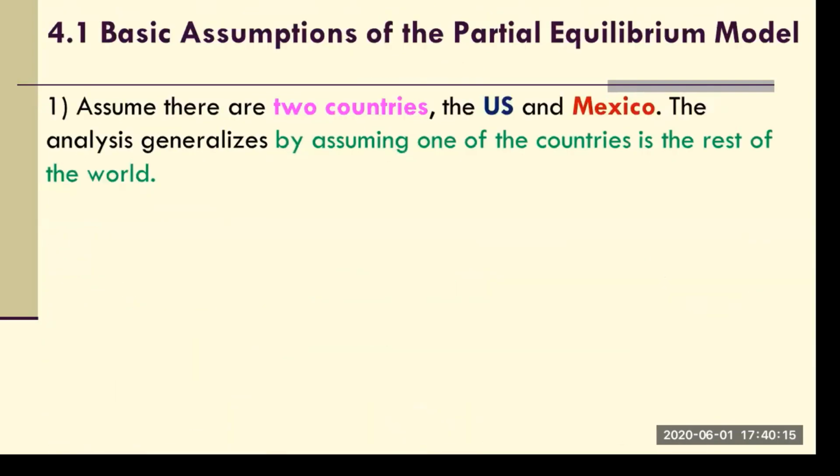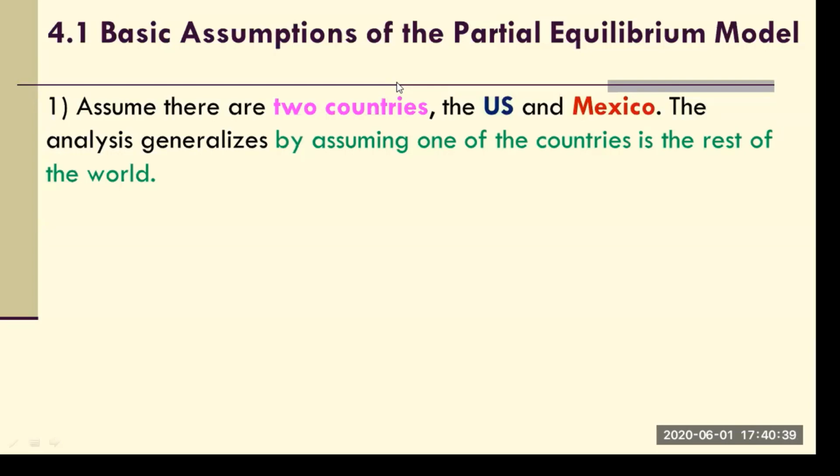First, under 4.1, there are the assumptions of the partial equilibrium model. Before we go directly into the equilibrium model, we are going to see the assumptions. There are 5 assumptions. To start with the first one, assume there are 2 countries.